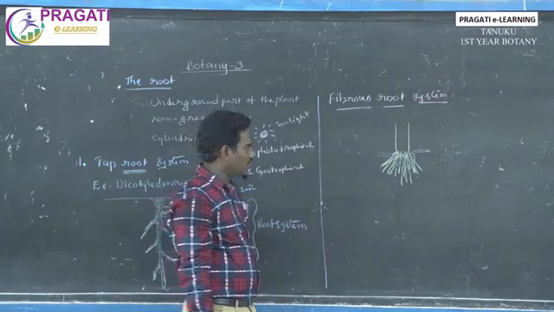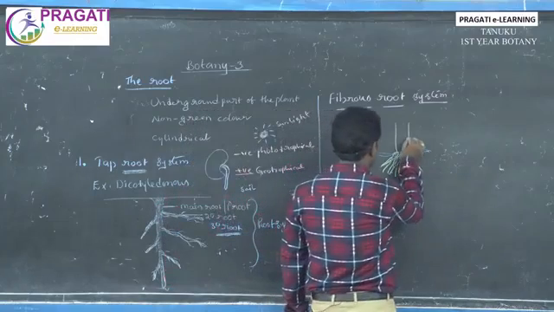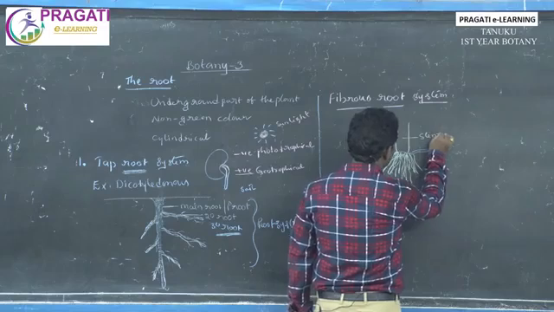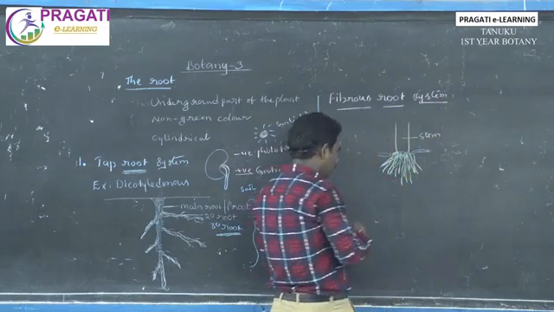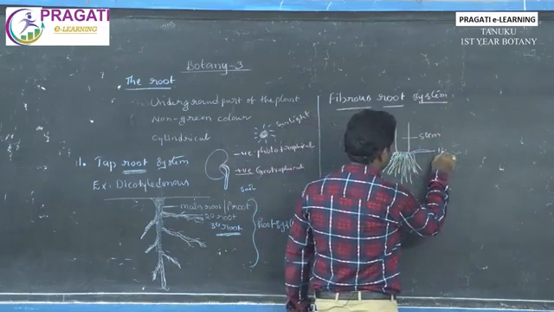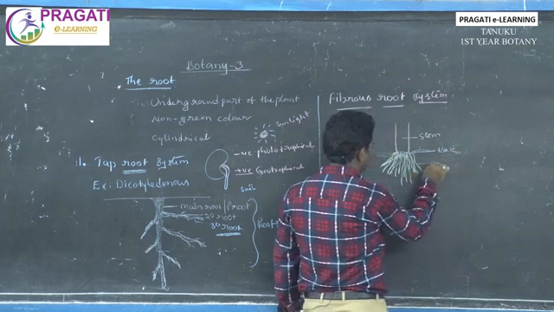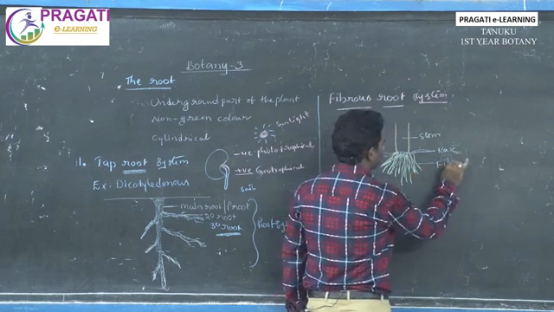These are called fibrous roots. This is the stem, this is the stem base, and these are the fibrous roots.